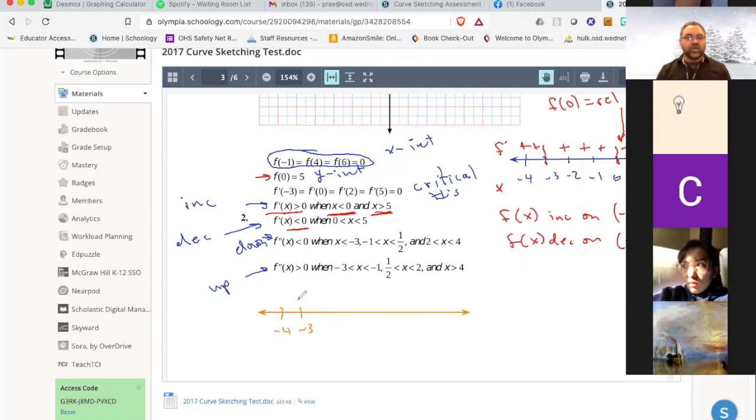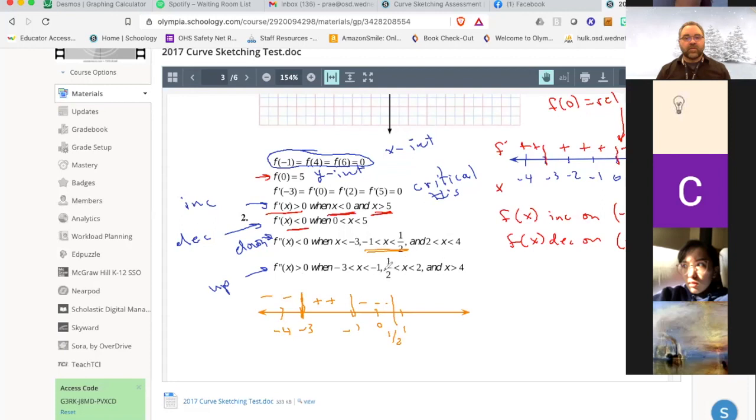So something's going on at -3, right? It was concave down and then up. And it's concave up when x is between -3 and -1. And then you can see from -1 to 1/2. Well, let's see, here's 0, here's 1. So here's 1/2. It's concave down.